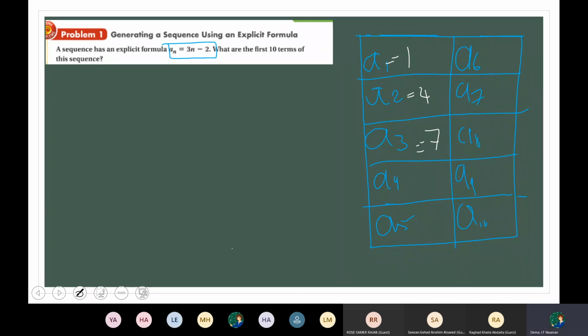So it's true, but for the recursive formula. For the explicit formula, if I asked you as an example to find A of 9, you say it's 3 times 9 minus 2. 3 times 9 is 27, minus 2 is 25. So here, A of 9 is 25, and so on, just evaluating the numbers. This is for an explicit formula.